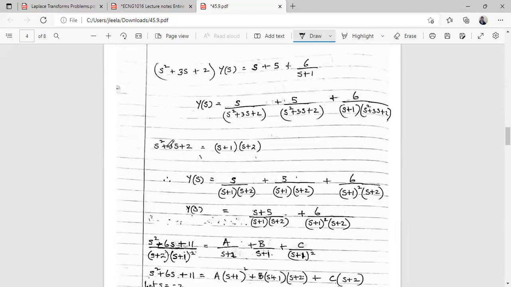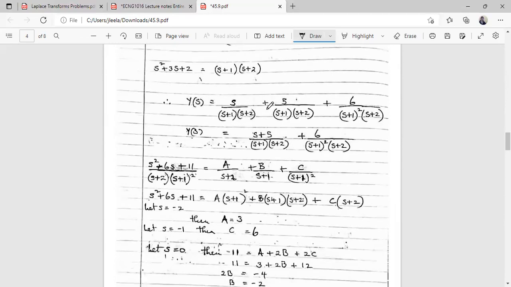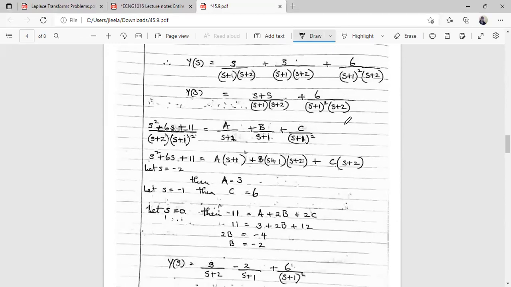We know that s squared plus 3s plus 2 has two simple factors, so this is how we could rewrite it here. Y(s) is s over (s plus 1)(s plus 2), plus 5 over (s plus 1)(s plus 2), plus 6 over (s plus 1) squared into (s plus 2).